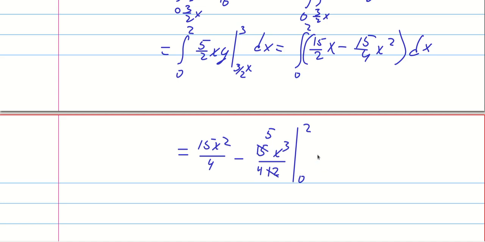So we plug in 2. We're going to get 15 minus, we plug in 2, so it's going to be 8, so it's going to be 10, and then we plug in 0, which is 0, so we get a volume of 5. And that concludes this lecture.